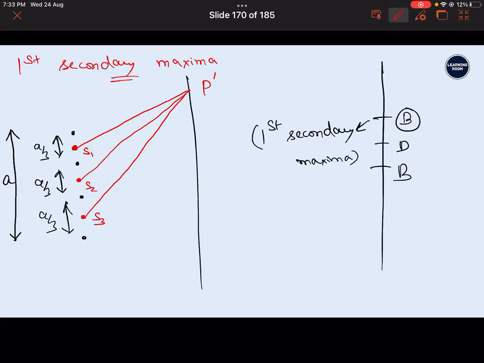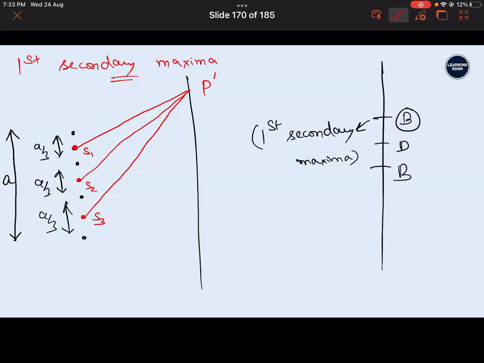If the rays from S1, S2 and S3 go and fall on the screen, is that bright fringe brighter than the central maximum? No. Theoretically, if rays from S1, S2 and S3 all underwent constructive interference, you should have had a brighter spot than the central maximum, which is not happening.